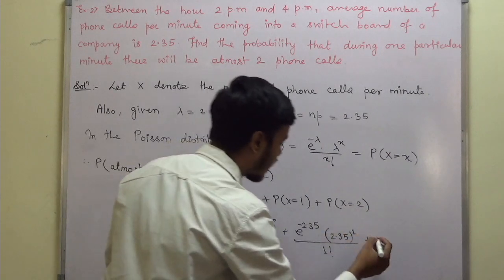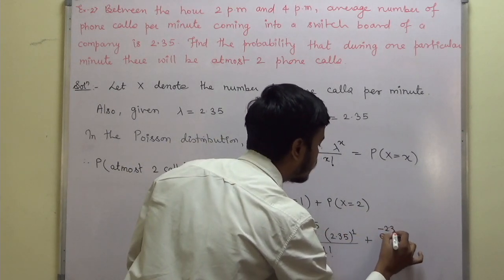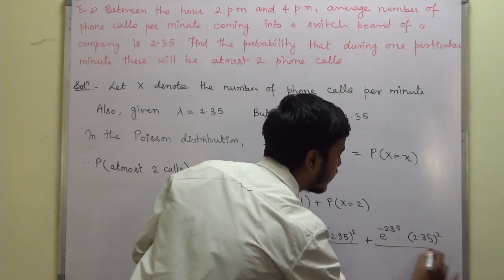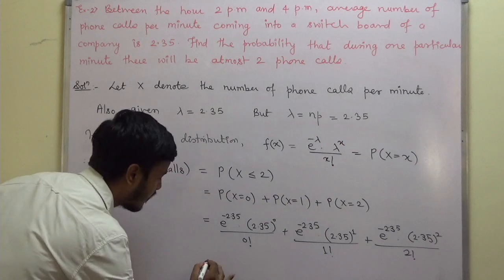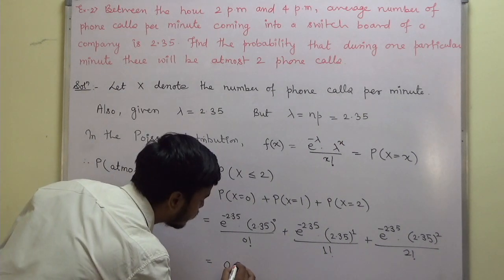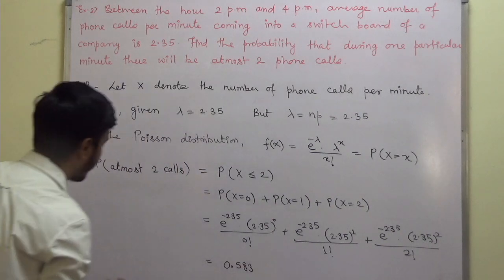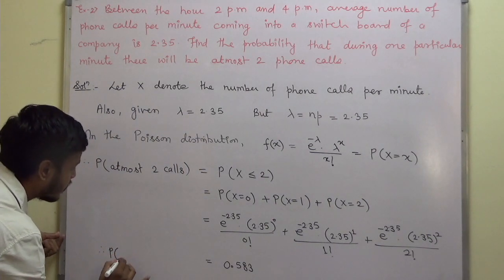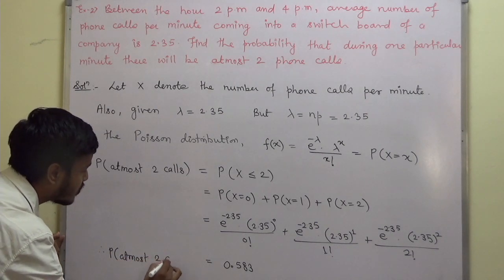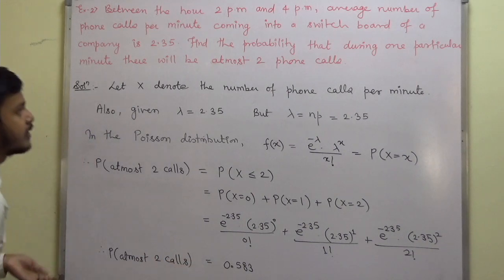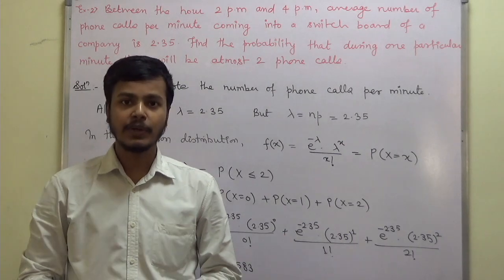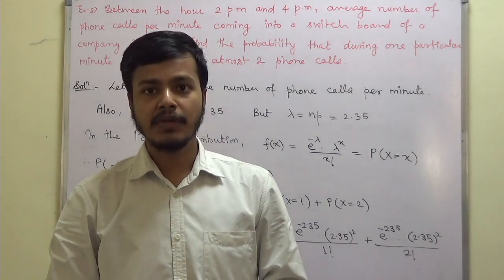And the last one is e to the power minus 2.35 into 2.35 whole square upon factorial 2. When you solve this, you will get 0.583. So this is the probability of at most 2 calls during one particular minute. I hope this is gettable for you.